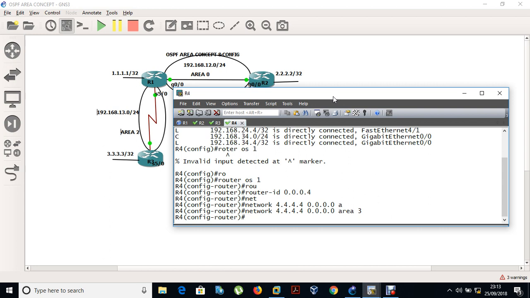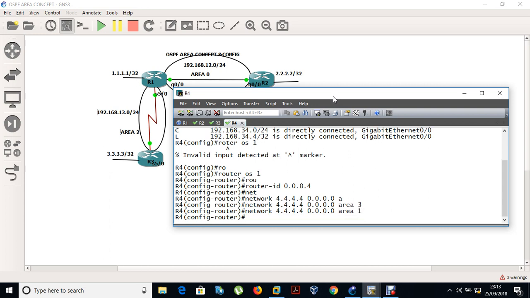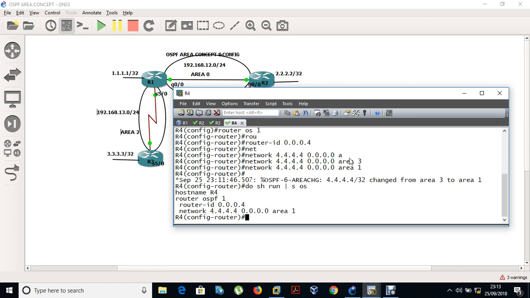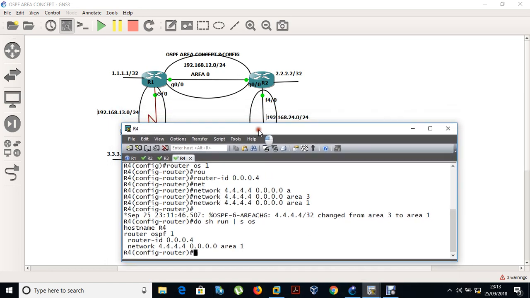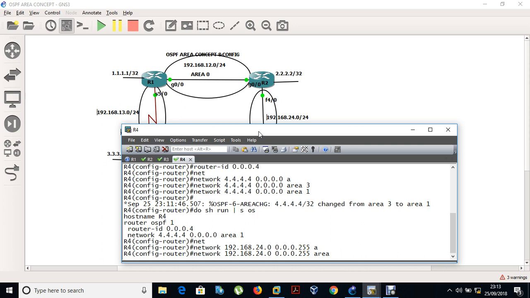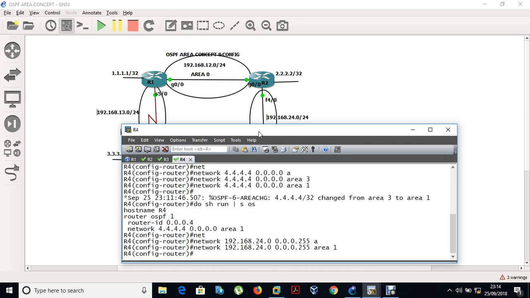And okay, let me just do this guy in area 1. Do show run interface OSPF. I'm gonna remove it. Okay, so now I have a network 192.168.24.0 0.0.0.255 area 1.